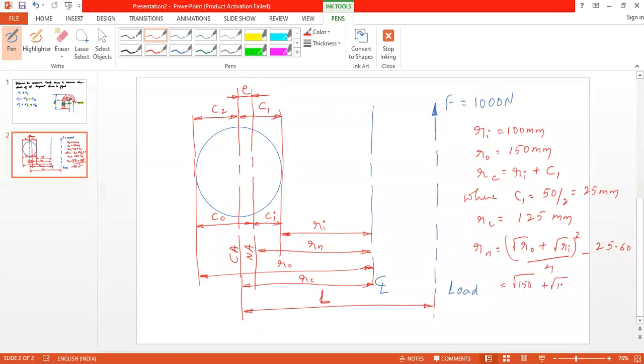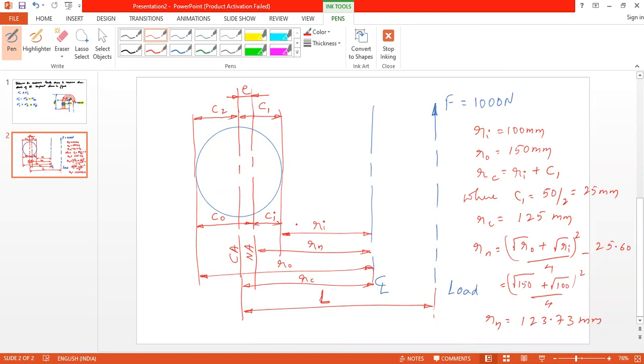Root of 150 plus root of 100, whole square, divided by 4. Root of 150 is 12.247, and root of 100 is 10. So it is 123.73 mm. So this is Rn.